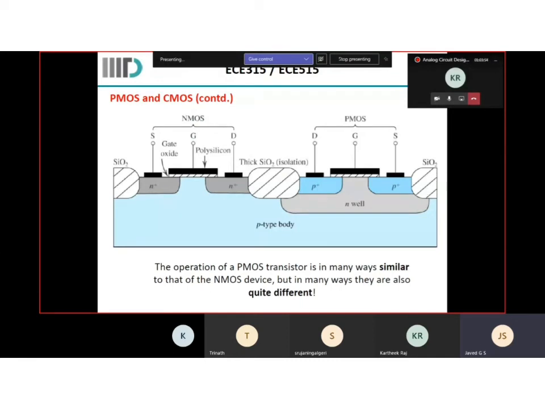You will have an entire P-type body with N plus and P plus doping regions for an NMOS, whereas you will first build an N well. Within that N well, you will add P-type and highly doped P-type regions to act as your drain and source terminals. Kindly notice that there is a thick SiO2 isolation layer present here.